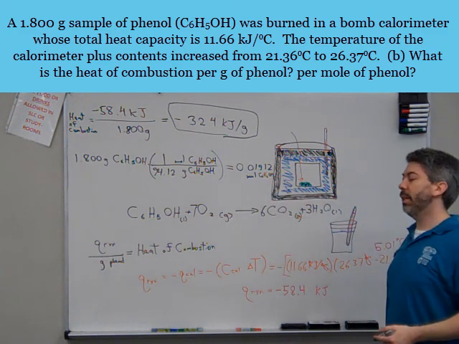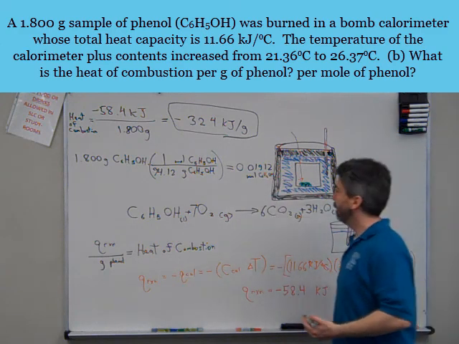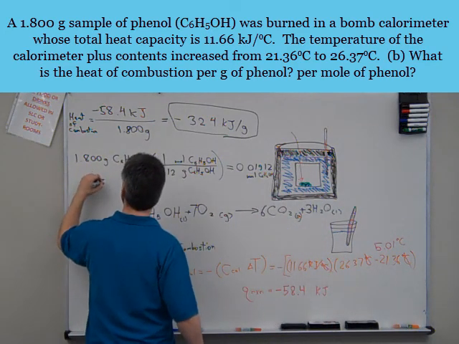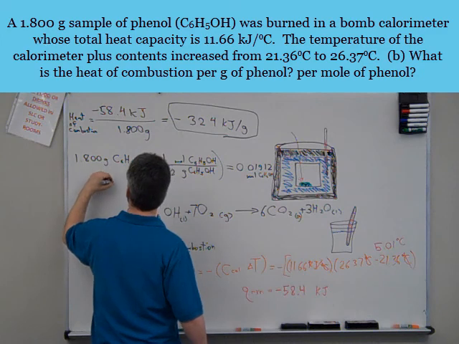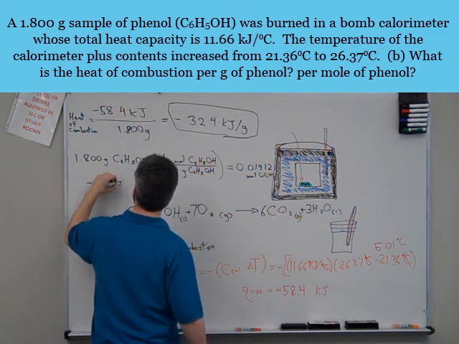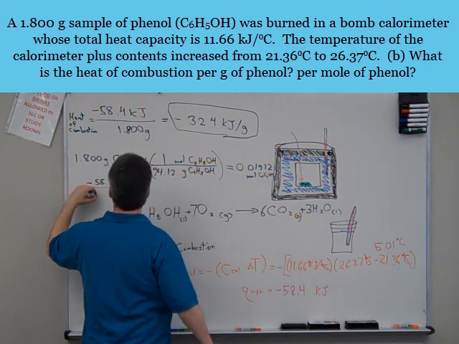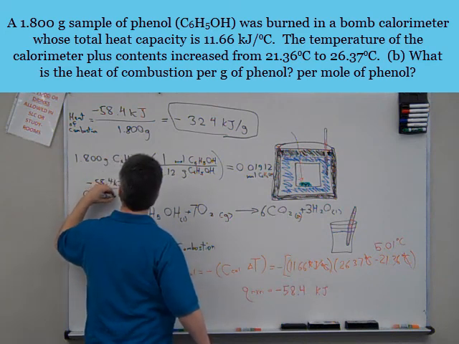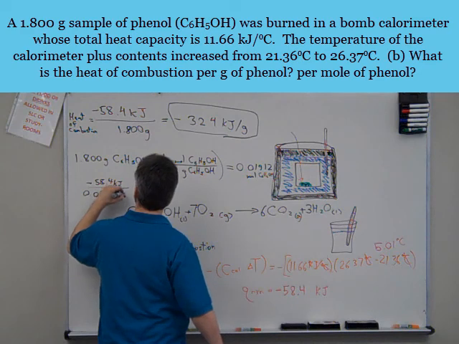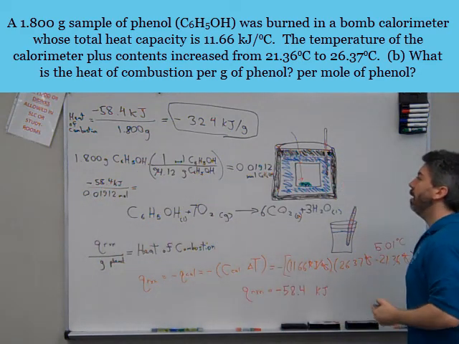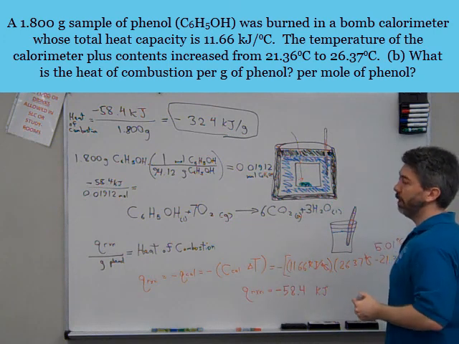I don't use scientific notation unless I have to. So now I'm going to take my same negative 58.4 kilojoules and divide it by my moles, 0.01912 moles, and that's going to give me my molar heat of combustion.